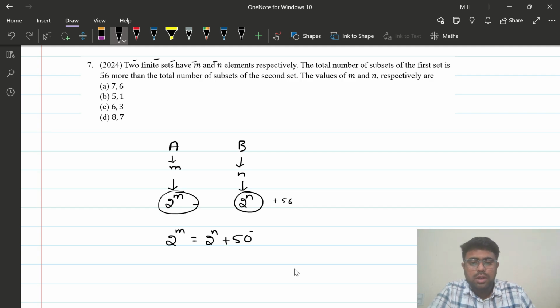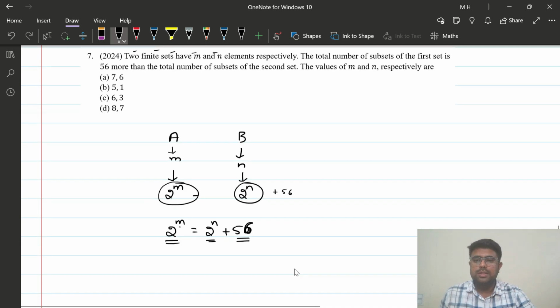So let us just cross check whether it matches the statement or not. Yes, it does. The total number of subsets of the first set is 56 more than that of the second set. So here I have 2 raised to m equal to 2 raised to n plus 56. We'll just substitute and see whichever matches, that is going to be the answer.